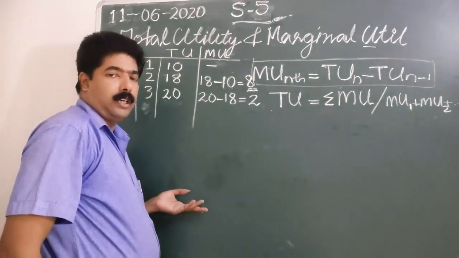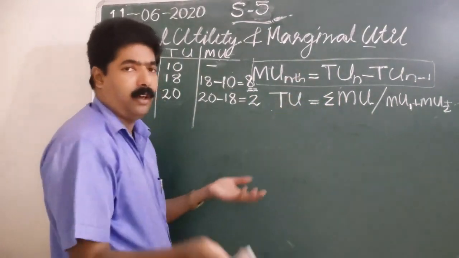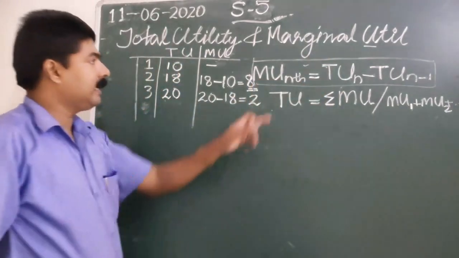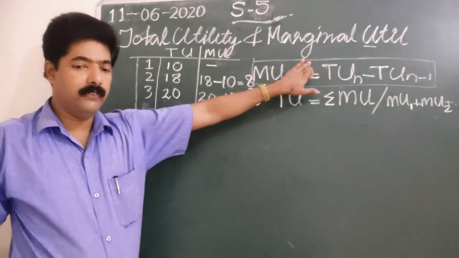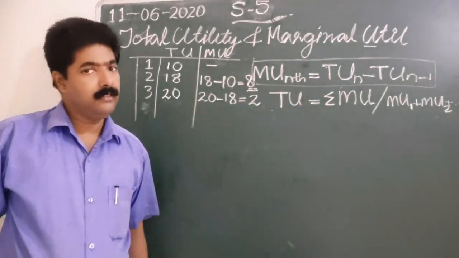How to find total utility from marginal utility? This way. Or how to find marginal utility from total utility? This way. So these are the two symbolical expressions of marginal utility and total utility. Okay, note it down.